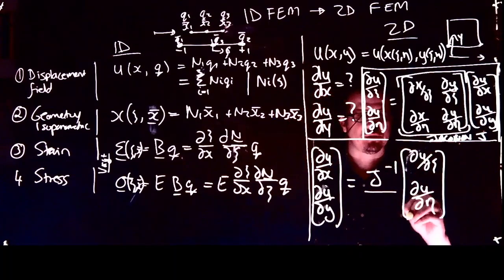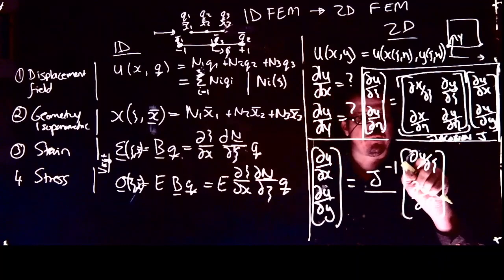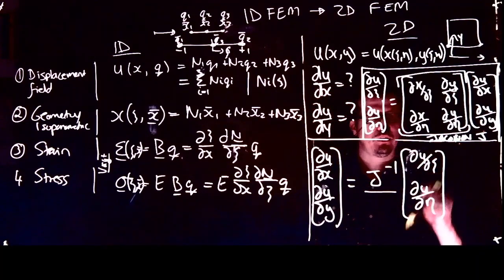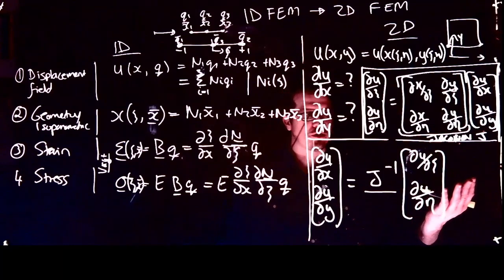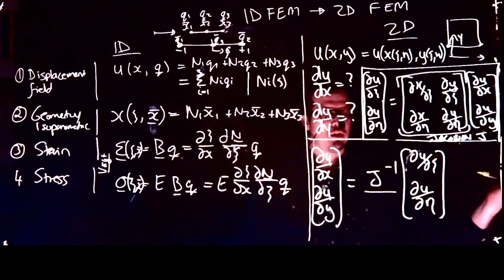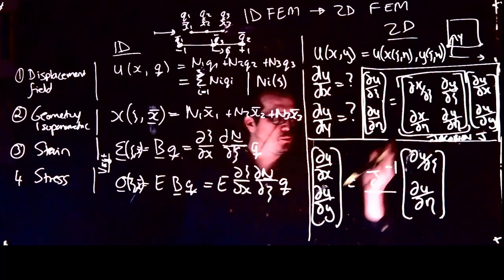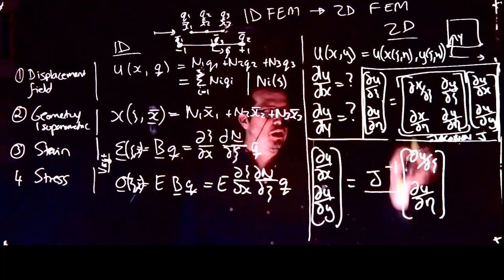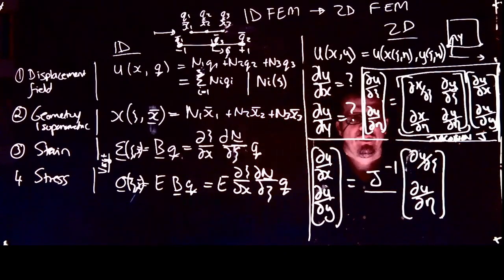The other thing that I want to highlight here that's important is, what about these derivatives of u with respect to psi and u with respect to eta? Well, the u's are just, again, the sum of the shape functions multiplied by the unknown nodal displacements of those nodes in the x and in the y direction respectively. Because we work with the u field, this is only nodal displacements in the x direction, left and right, that matters.